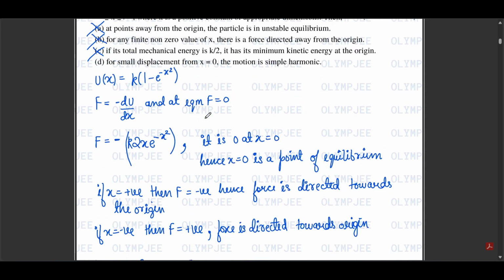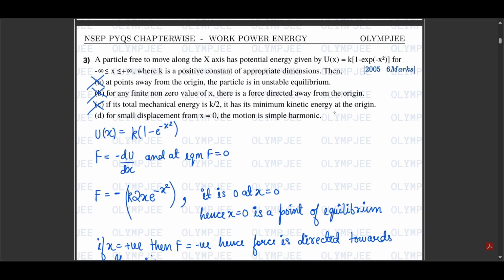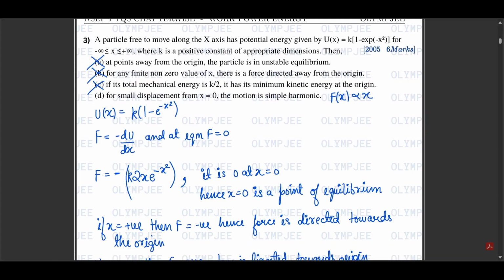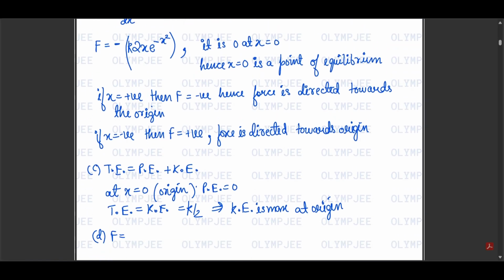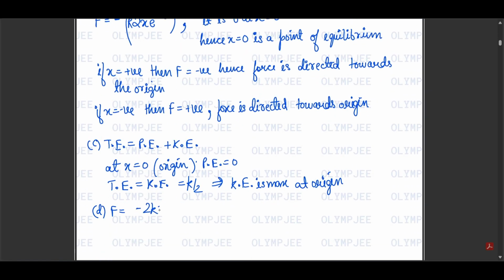So we know that for motion to be simple harmonic, the force should be proportional to x, right? So we know that the force equation is, we derived it, minus 2kx multiplied by e raised to the power minus x square, and we need to find if at small displacement from x is equal to 0 this is a simple harmonic motion.